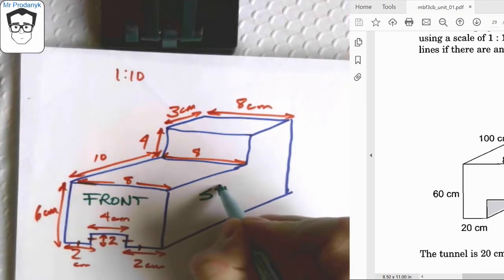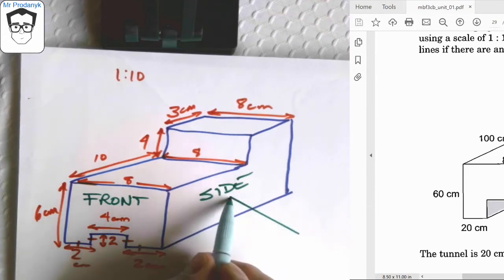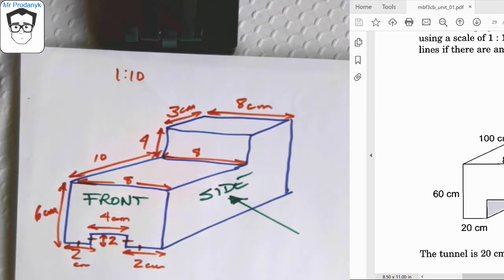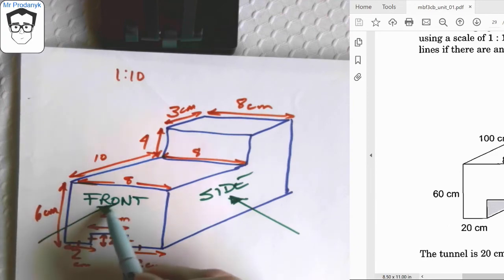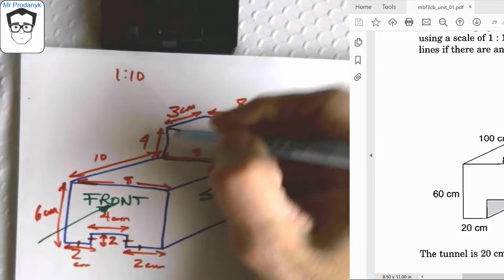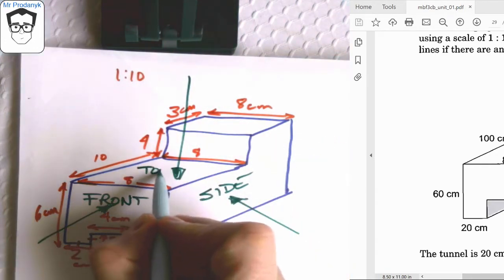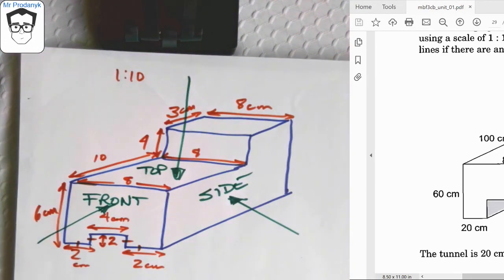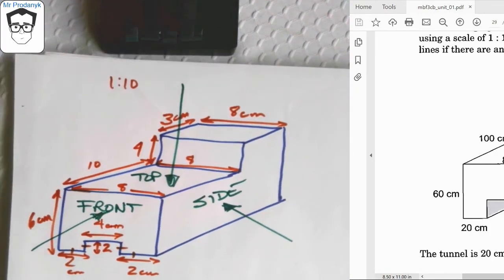This will be my side view, looking straight at the block in that direction. My front view is looking straight on in this direction here, and then my top view would be looking down in that direction right there. And so that's how I'm going to create all 3 of my orthographic faces.